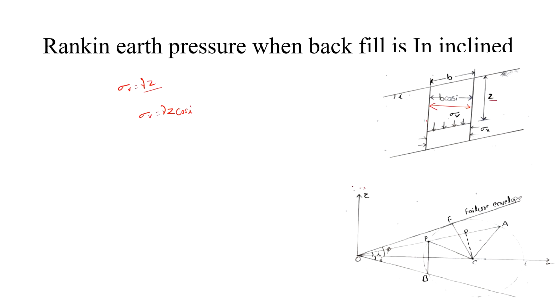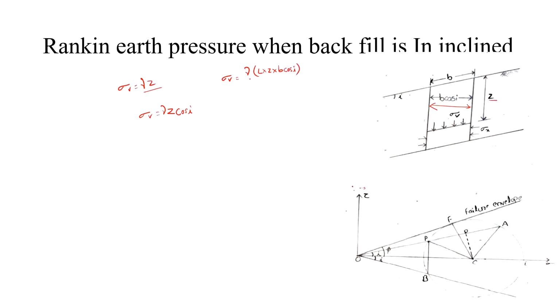That length L we can take as 1, or we can take L. So b as well as L will get cancelled. I will write here: vertical stress is the unit weight of the soil into the volume, so L into z into width b cos i.